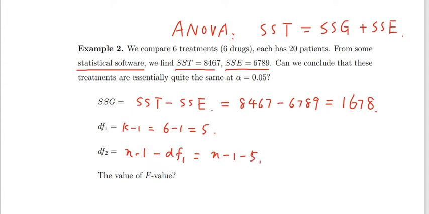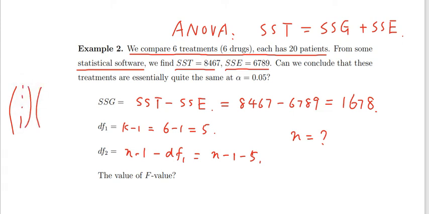So what is n here? N is the total number. Let's check the problem. It says we compare 6 treatments or 6 drugs, each with 20 patients.